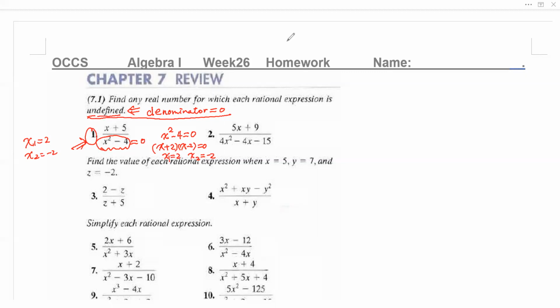All right, let's see the second one. The same. When this rational expression is undefined, it means the denominator part becomes 0, right? So you can factor this one. Can you guys factor this one? So you can see 4x equals 0.